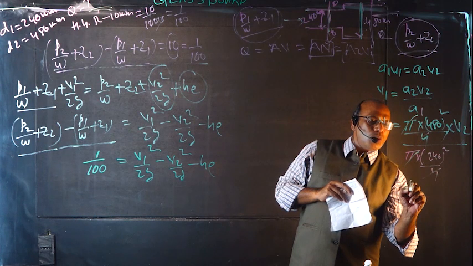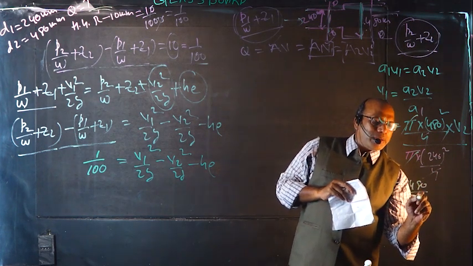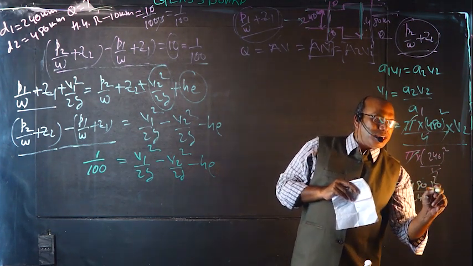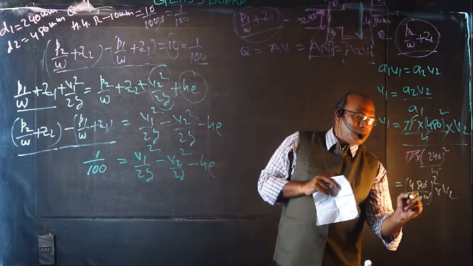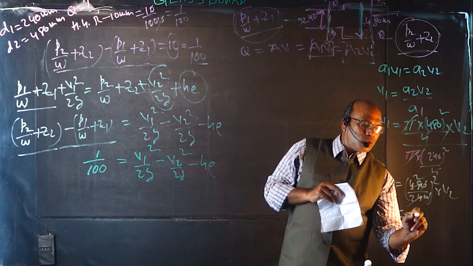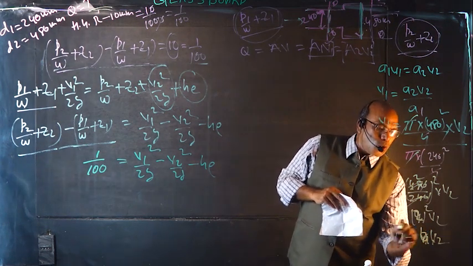V1 is equal to 480 square divided by 240 square into V2, that is V1 is equal to 4V2.